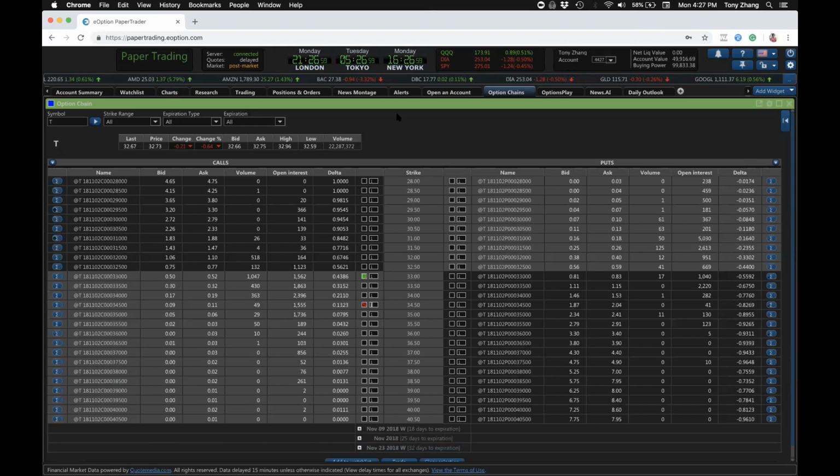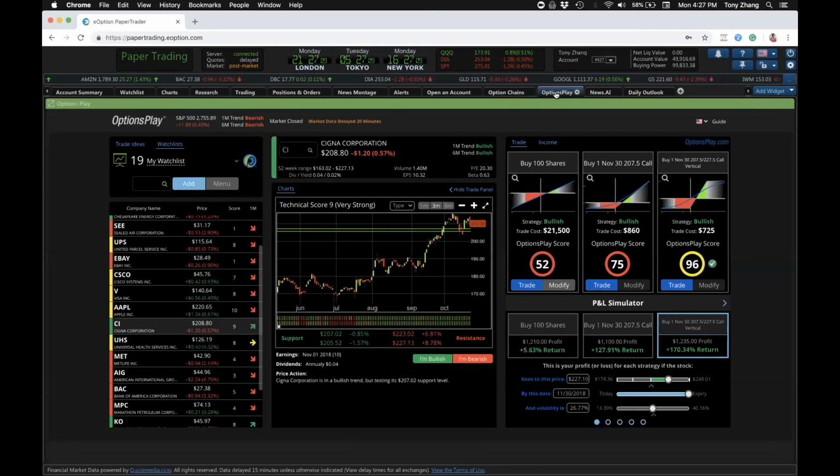And a lot of times, we had to do a lot of back and forth between the charting tab, which gives us our directional view, and then the options tab, and then maybe some other tools to help us analyze the option strategies. We wanted to put all of those things on one screen for you so that you don't have to constantly go back and forth between different tabs in order to find a trade idea. So everything flows from idea to why you should trade it, and more importantly, how should you trade it.